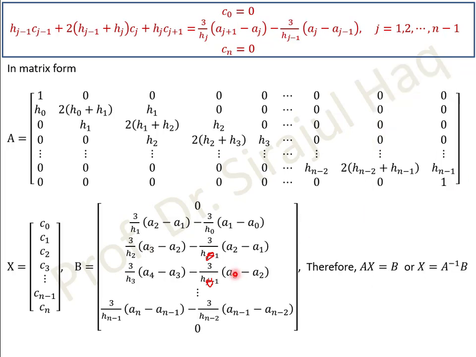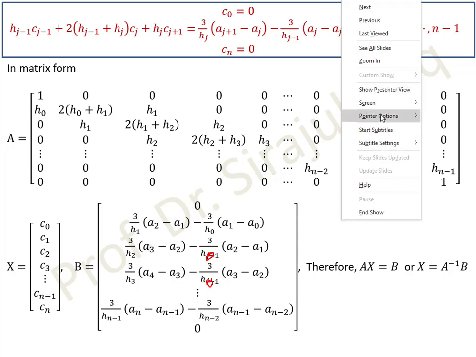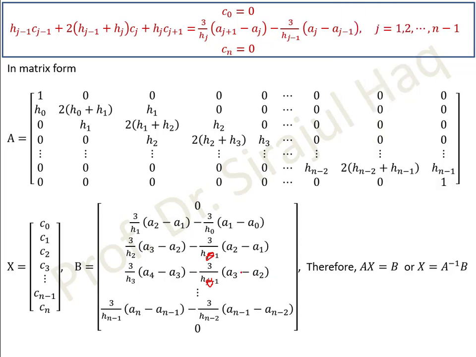So you can see it corresponds to the third row. When j is equal to 3, this will become 3 divided by h3, a4 minus a3, minus 3 divided by h2. This will be h2, sorry, I made a mistake. A lot of calculation is there, so that's the reason sometimes we can get some error.